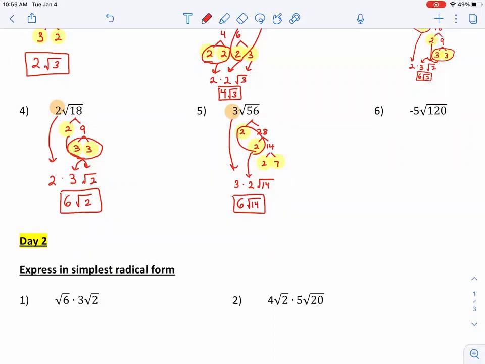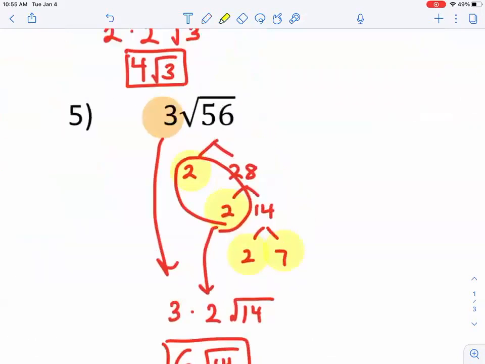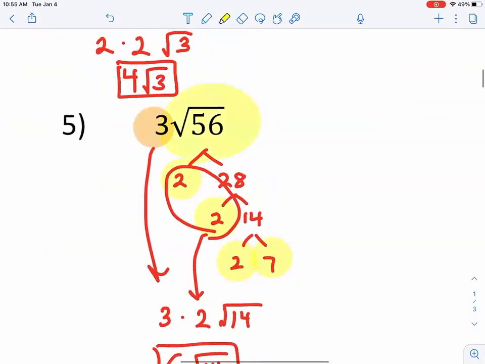So on the last couple that we did, you guys are doing a good job of your factor trees when you are dividing by something. So for example, most of you look at, say this last problem we did and say, okay, well, 56 is divisible by 2. So that's a good idea.